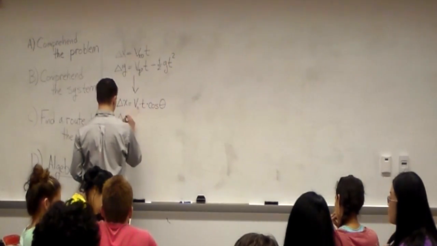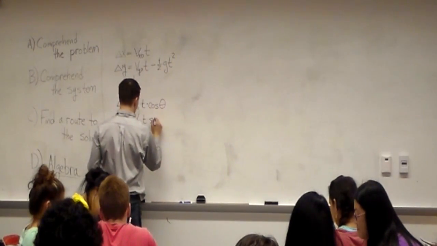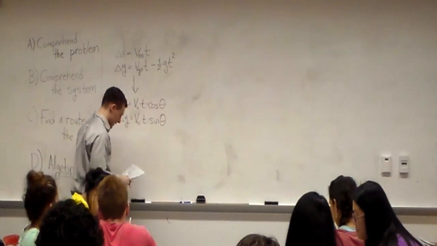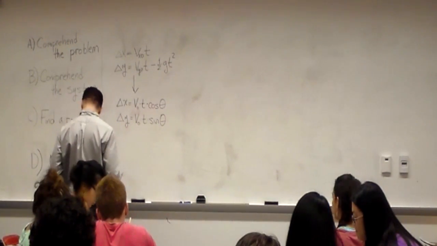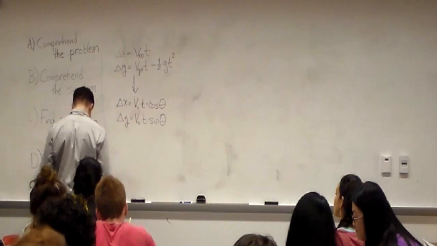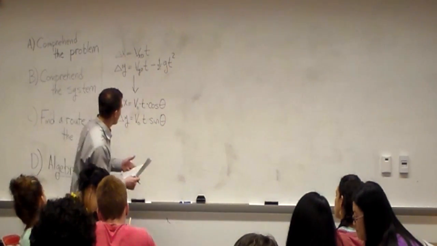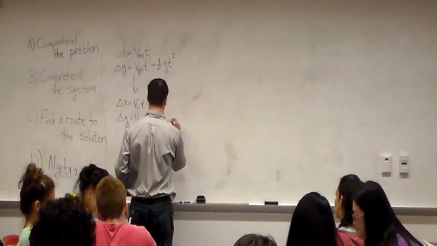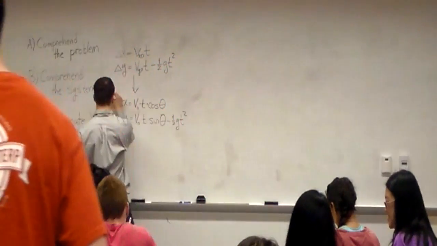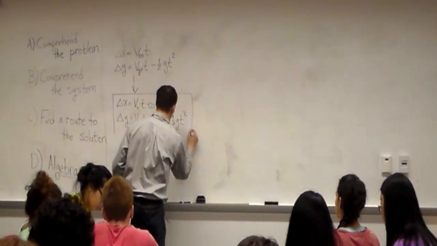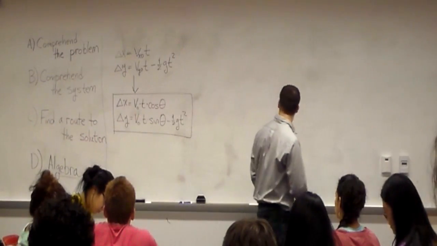And delta y is going to be v naught times t times sine of the angle, minus 1/2 g t squared. Right, so these are the 2 equations that govern all projectile motion. So if you have a problem with a projectile in it, that's where you need to start.